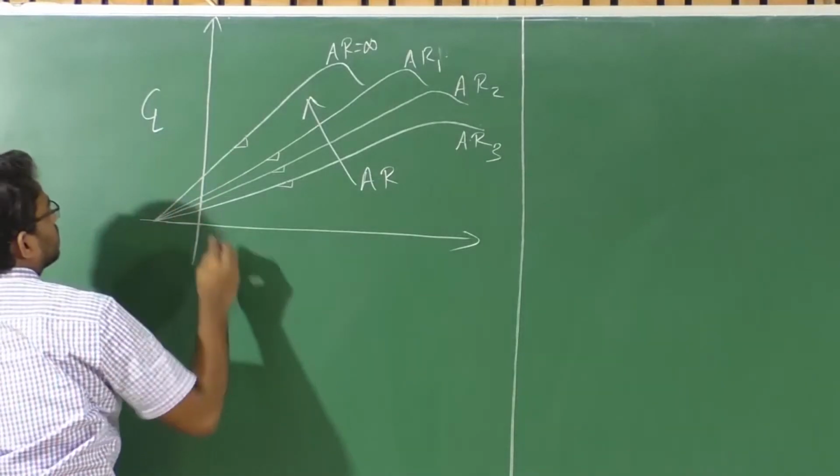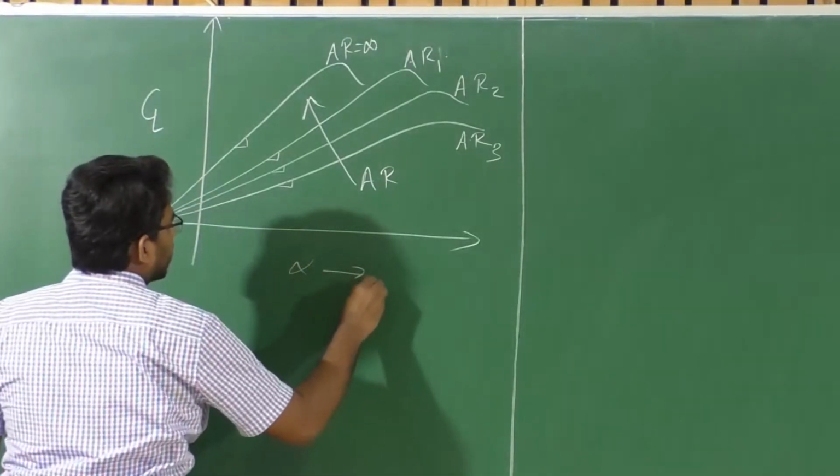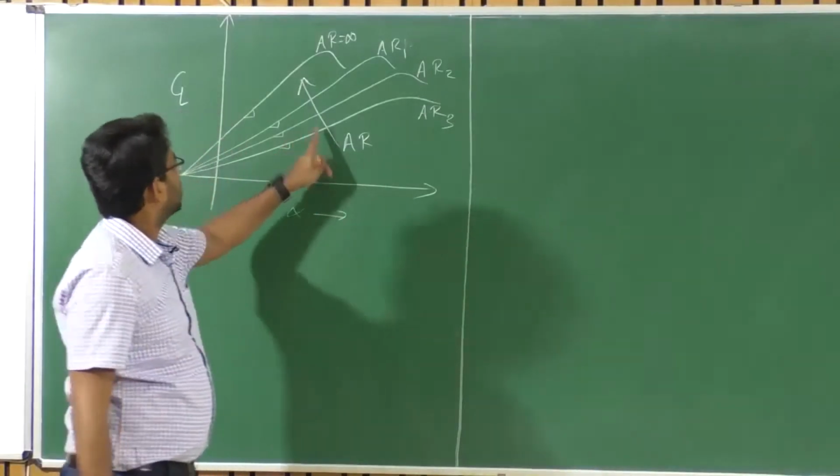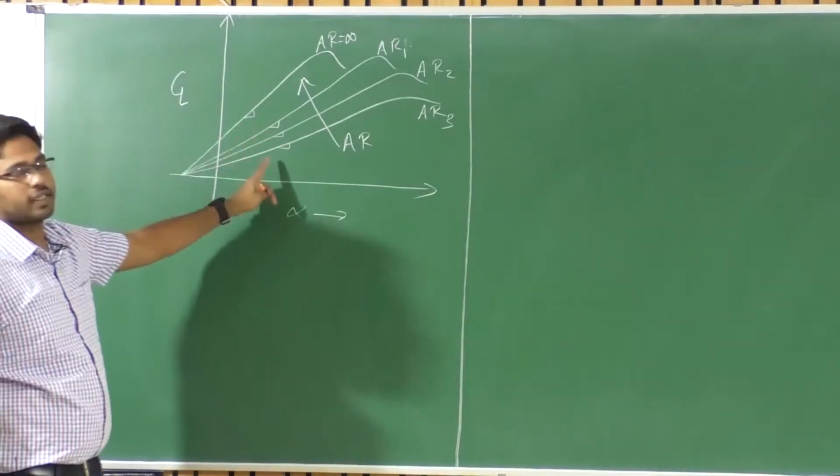So this is the variation of CL with angle of attack. Right? So if we observe, as the aspect ratio increases, CL alpha increases here.